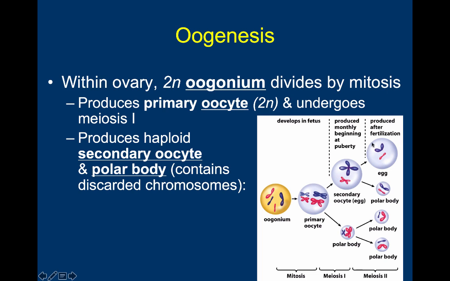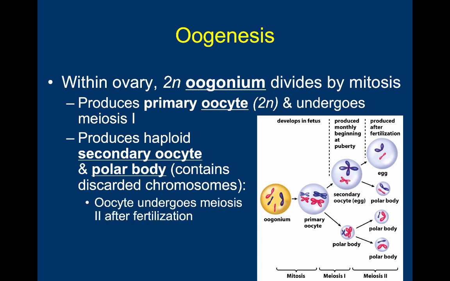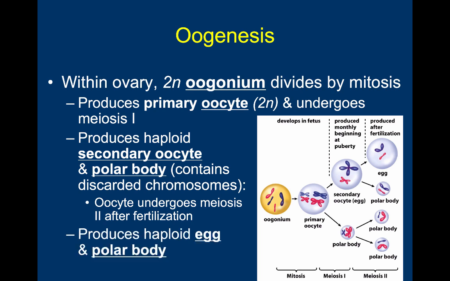By the way, the egg is really only ever produced after fertilization. We typically say that an egg is ovulated once a month. It's not technically speaking an egg, it's actually a secondary oocyte, but egg is a lot easier to say, so most people just go with that. But the egg officially forms after fertilization and after meiosis 2 takes place. There's an egg very, very briefly before it becomes a zygote.